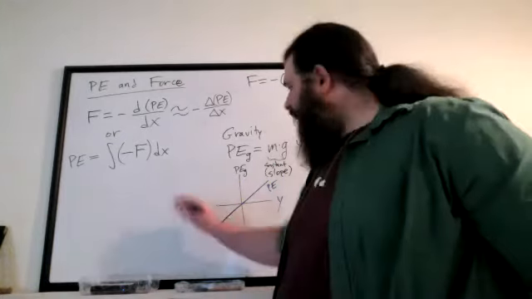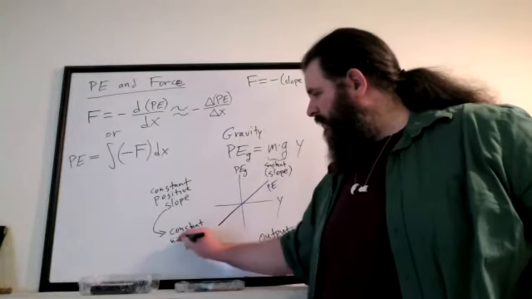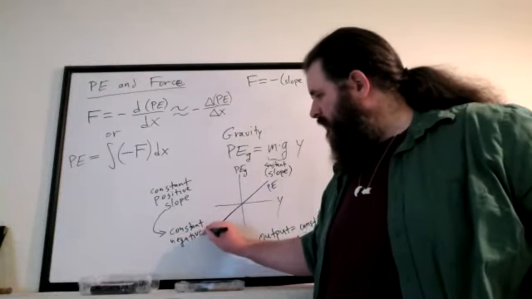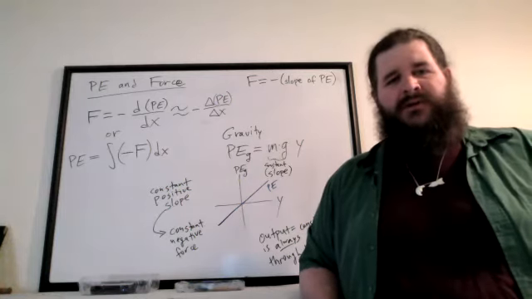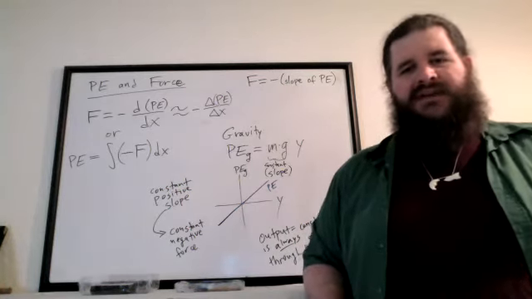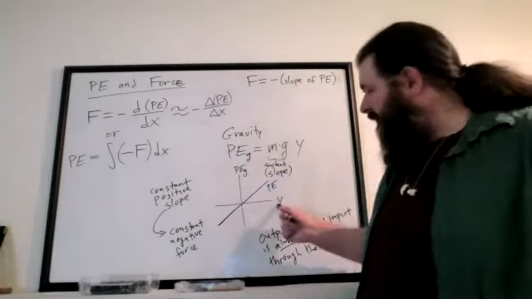And also, since the slope is a constant amount, the force will also be a constant amount. A constant negative force. That is a force that's always in the negative direction, specifically the negative y direction, and a constant strength. So what this tells us is that the force of gravity is a constant amount of pull, and it's also always in the negative direction, specifically the negative y direction.